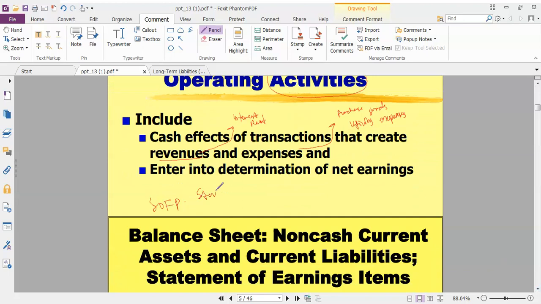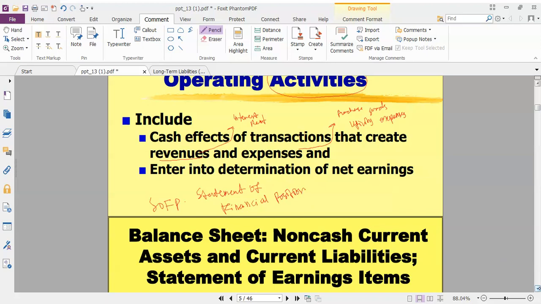Another name for balance sheet is statement of financial position. We already covered it last semester, if you can remember. We also know it as a balance sheet.